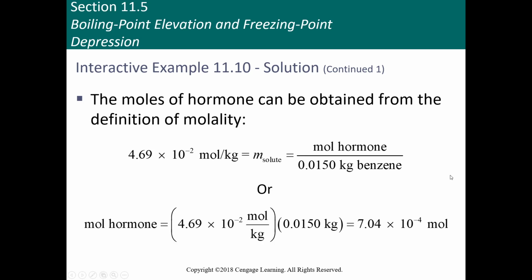We could then solve. Alternatively, we know the molality, so we just take the molality, moles per kilogram, and multiply it by the kilograms of our benzene. So kilograms will cancel. Either way will give you the same answer, and that is 7.04 times 10 to the negative 4th moles.